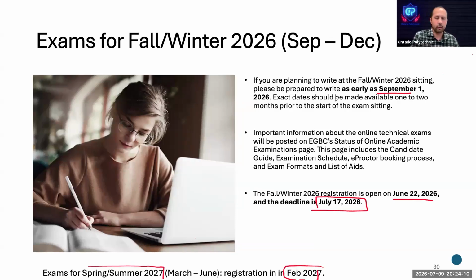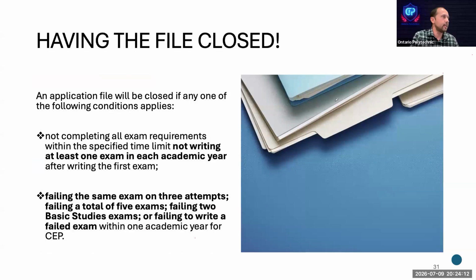So this is the update for the good performance policy and dates. You have to take 1 exam each academic year. So if you say, I don't register for 2 at this time, I want to do the 4 at my own pace, at least you have to do 1 exam per year to keep your file open and active.